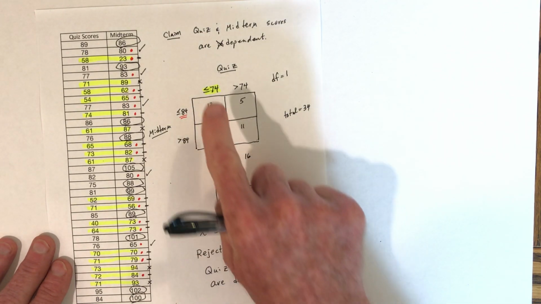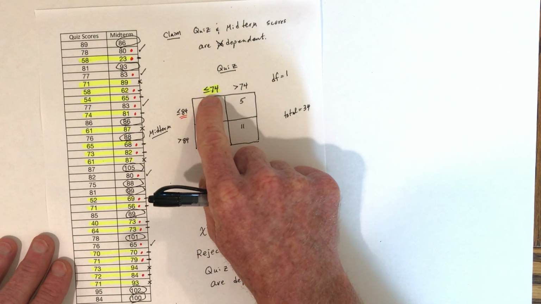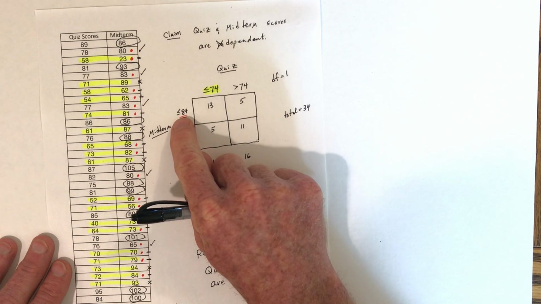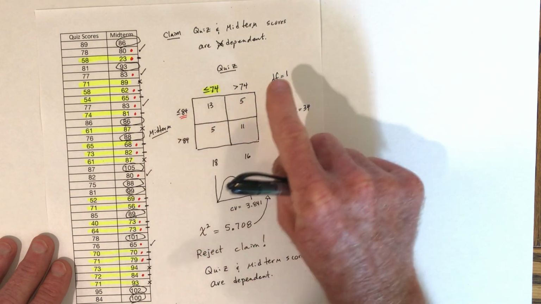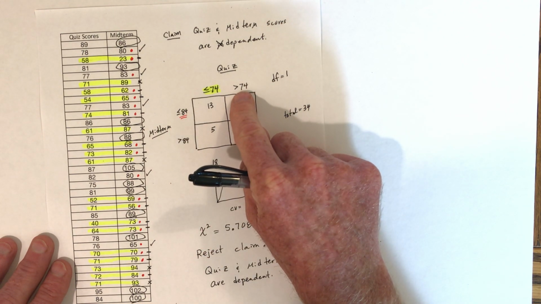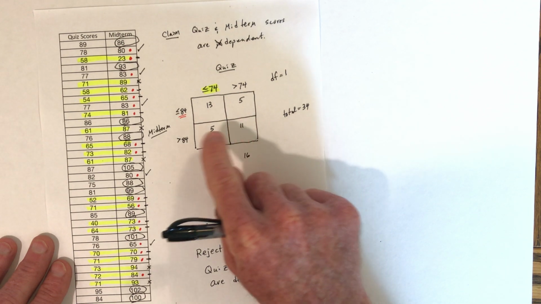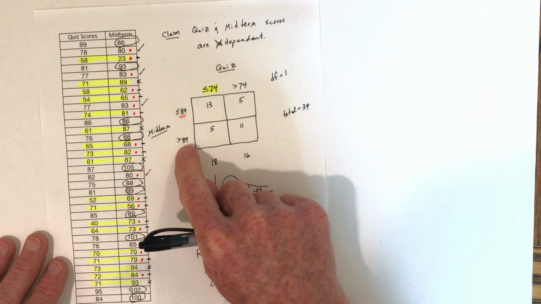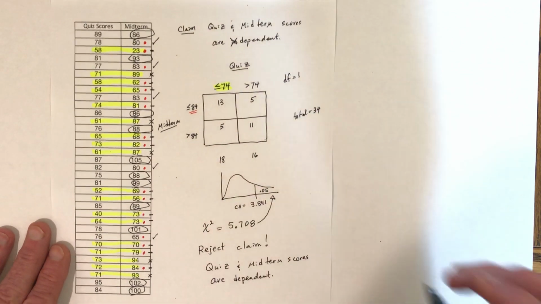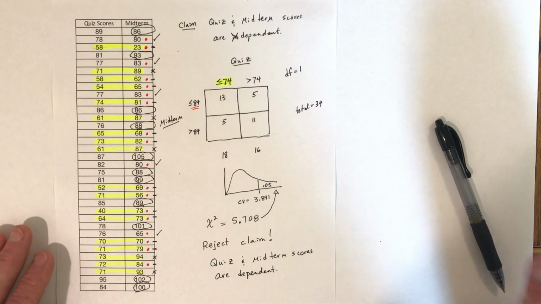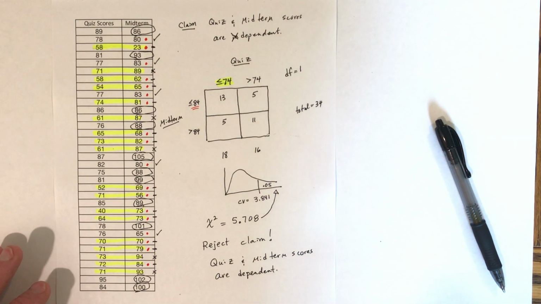Which basically means if people don't do well on the quiz, they probably will not do well on the midterm. If they do well on the quizzes, then most likely they will do well on the midterm. Okay, so that's how the contingency tables work when testing for independence.